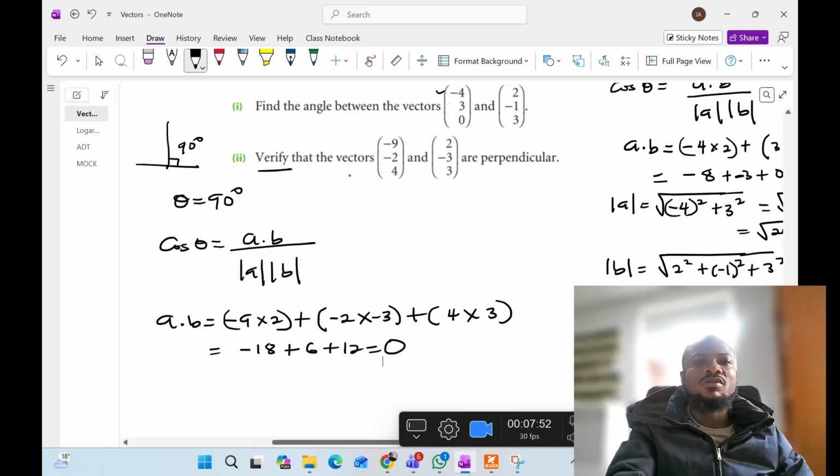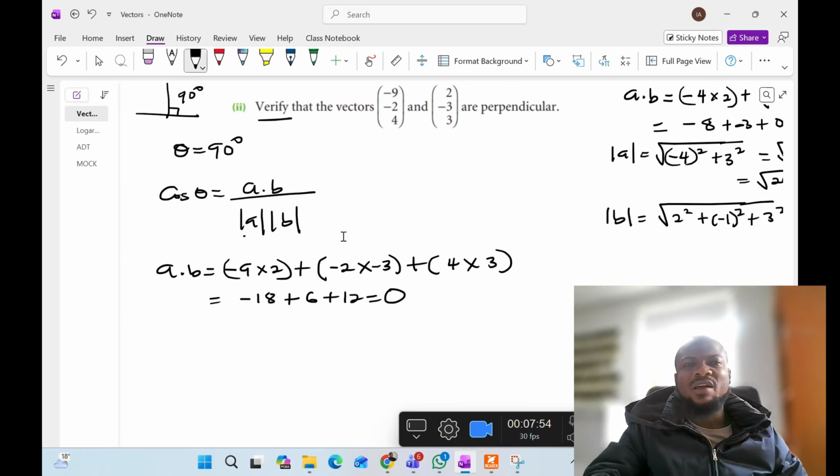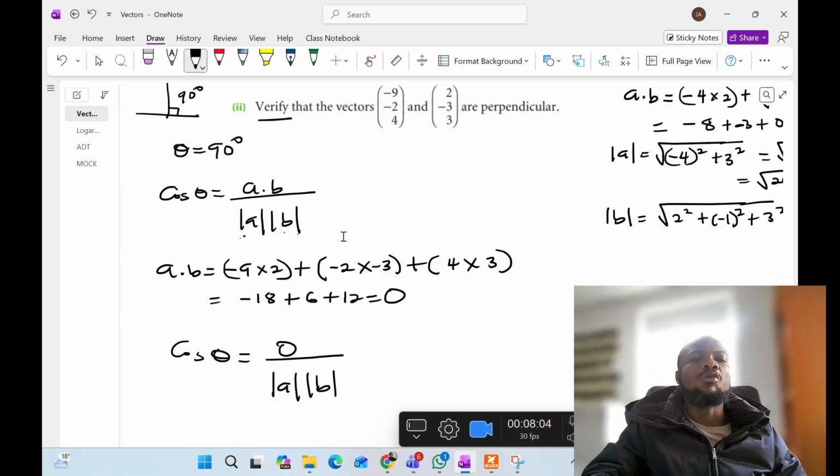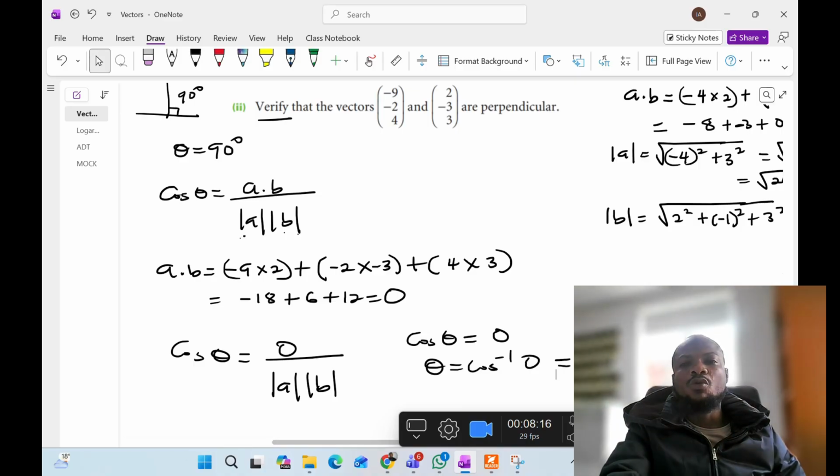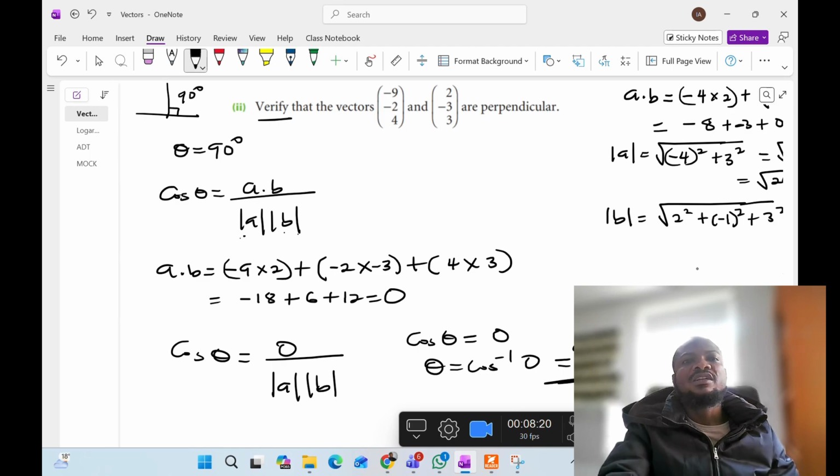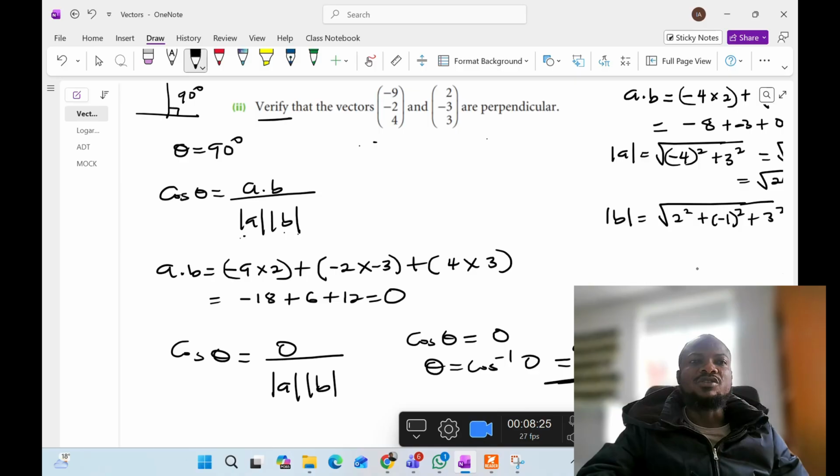Since this is equal to 0, I don't need to calculate the absolute values of A and B, because cos theta is equal to 0 over anything, which is 0. That means theta is equal to arc cos of 0, which is 90 degrees. This proves that these two vectors are perpendicular.